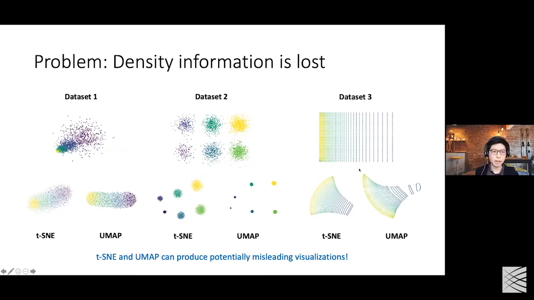Similarly, if we have a continuous structure with varying sampling rate, then the densely sampled regions tend to be more stretched out, which distorts our perception of the underlying shape of these data. I will show later that these behaviors can lead to misleading visualizations for single cell datasets.